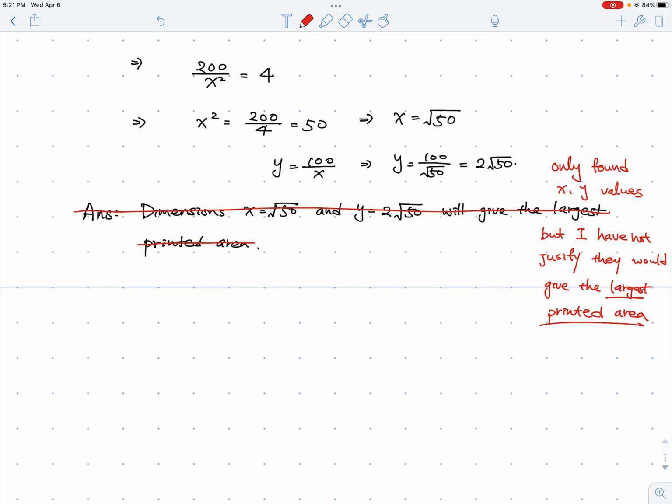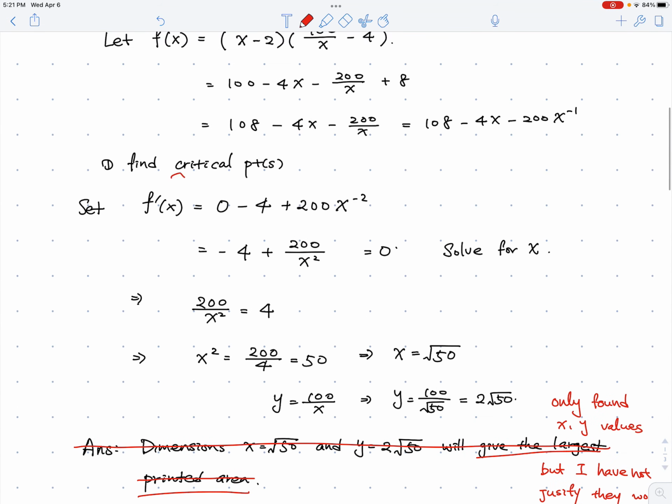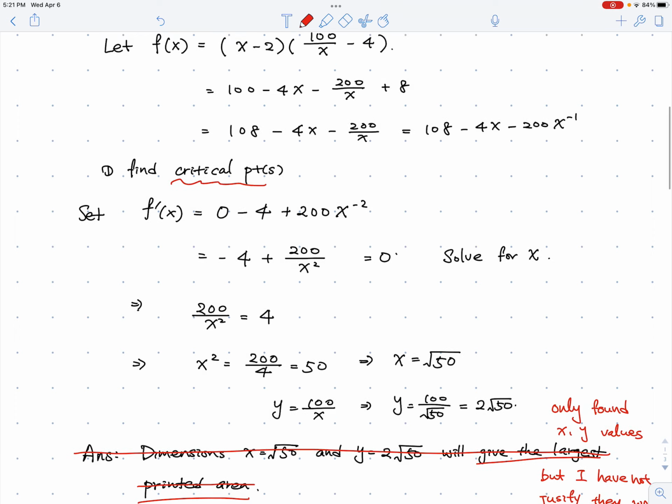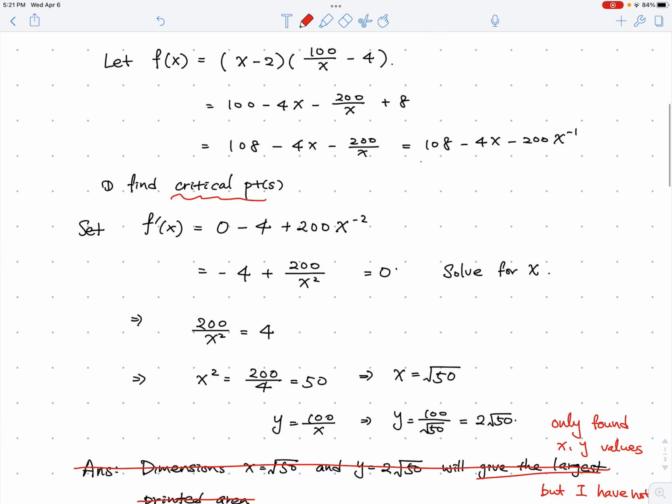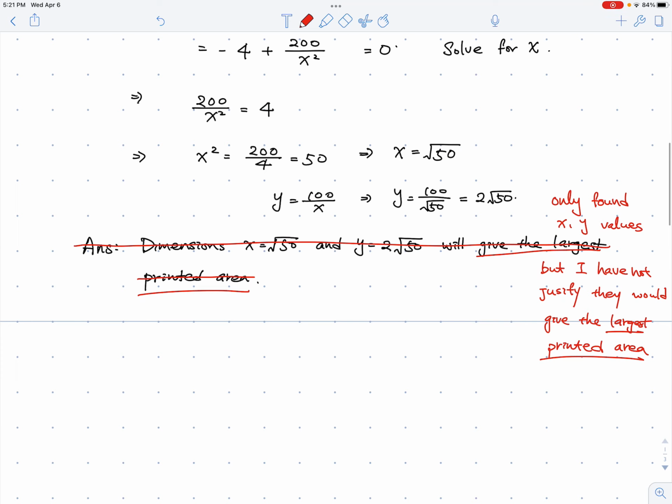Okay, so in my answers I claimed they will give what we want, but if you look at the solution so far, all I did is to find the critical point value x. I did not say, oh, with this x I'm going to get the largest possible f value, right? So we have to do that.